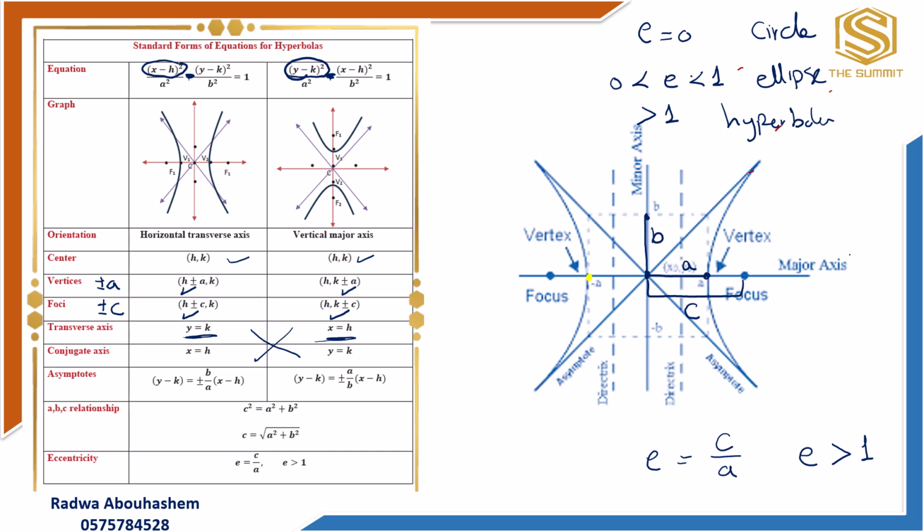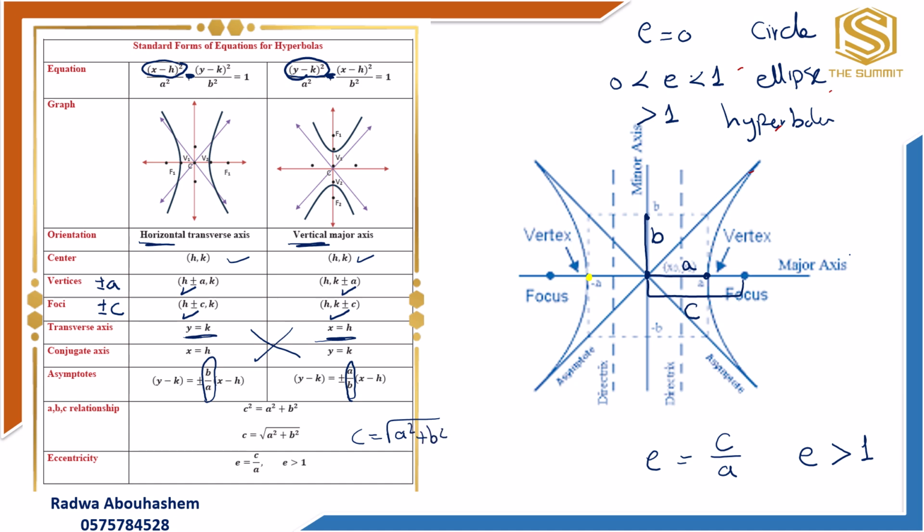Now for the asymptote: y - k equals plus or minus b over a times (x - h). If it's horizontal, it would be b over a. If it's vertical, it would be a over b. Okay, and we know that c here would be the square root of a^2 + b^2.